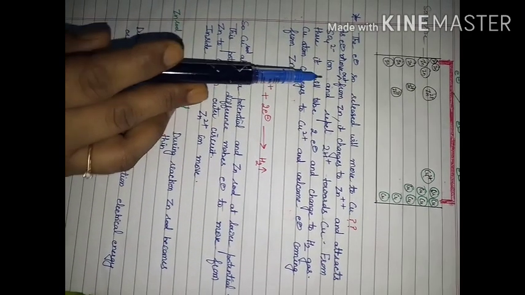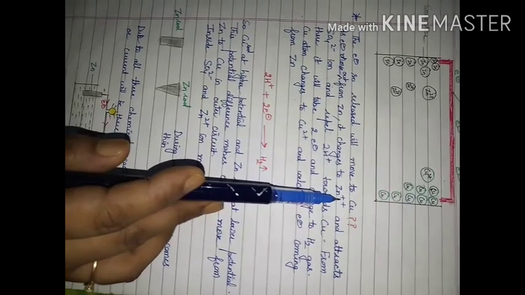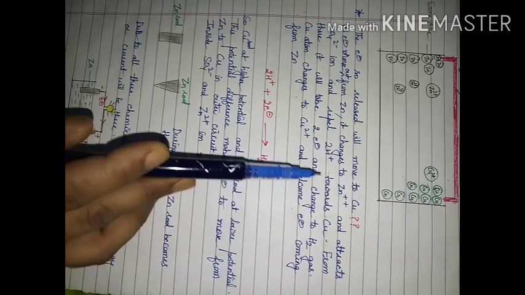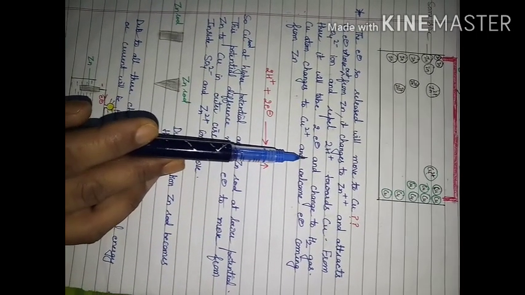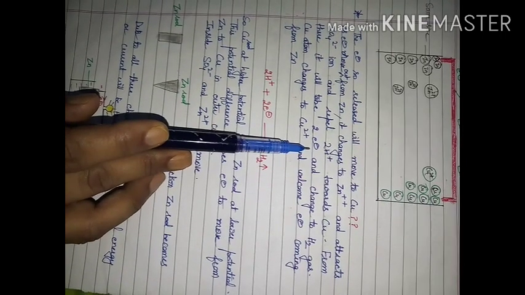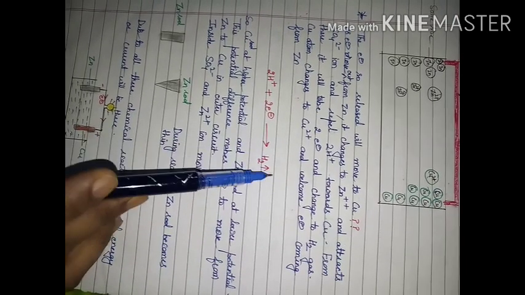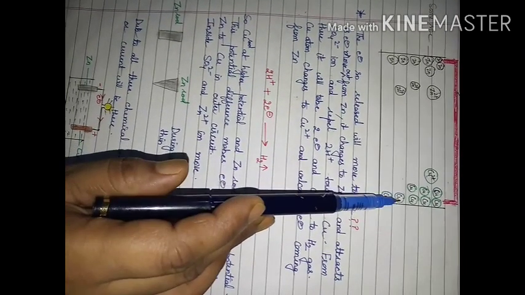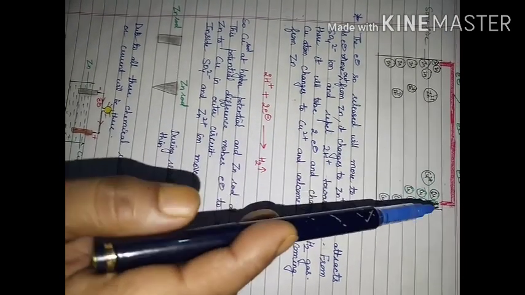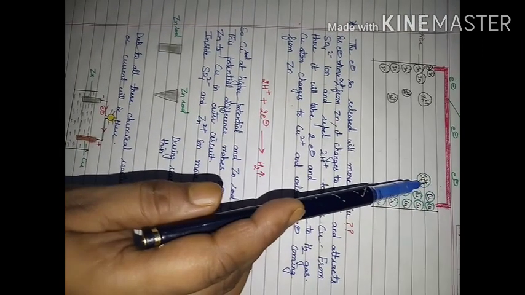At the same time, these hydrogen ions are repelled by this. So they move towards copper, gaining 2 electrons and changing into hydrogen gas. The result is that the copper atom will change into a copper ion. Positive charge will be there.